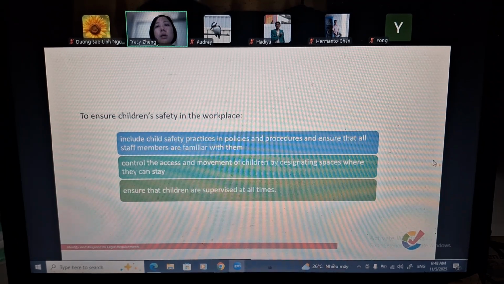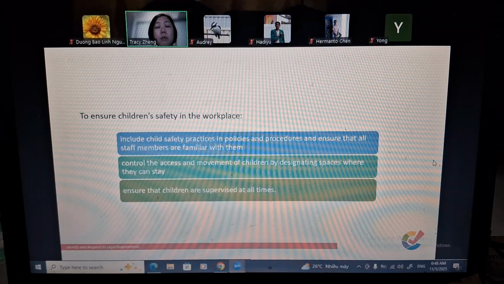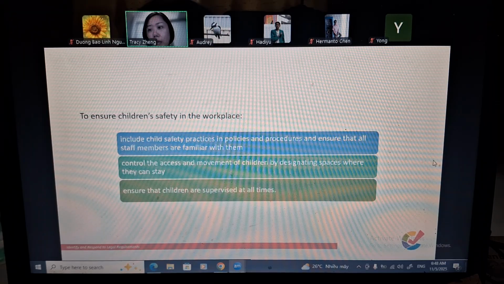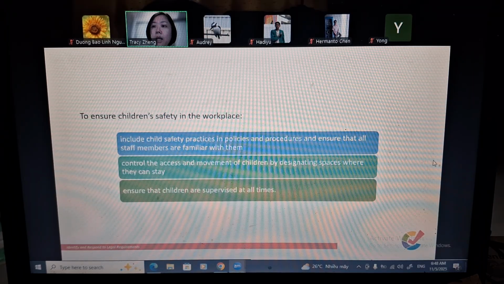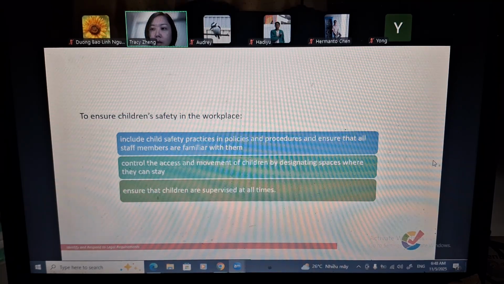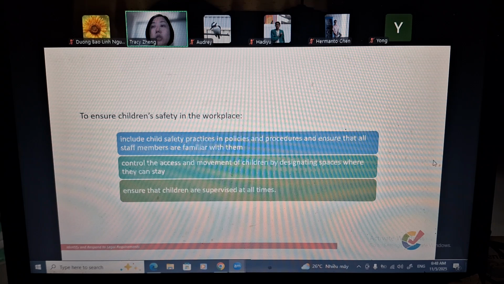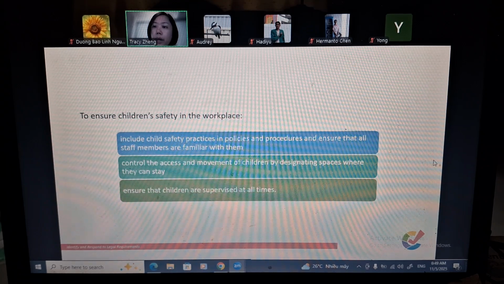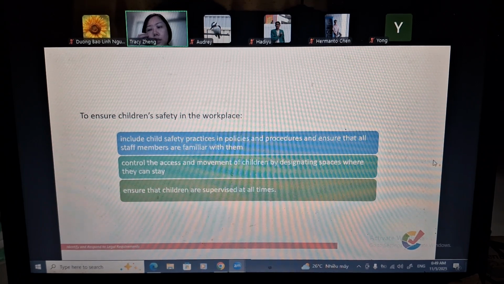So you do need to make sure some areas are fully prohibited and no children are allowed inside, including any other area you can think of that should not be accessed by children in our workplace, in the aged care facility. Other than the nurses station, can you think of anywhere else that children should not go inside?